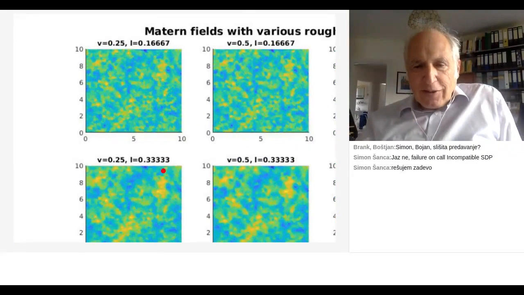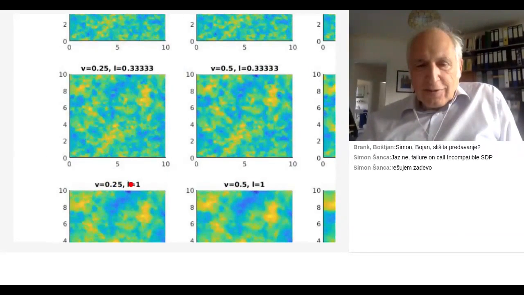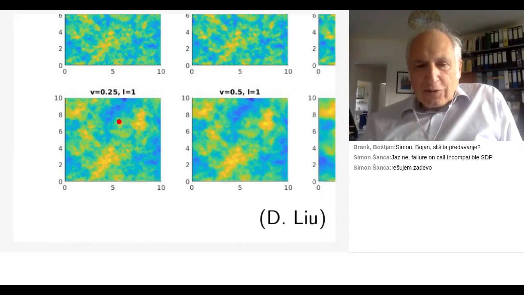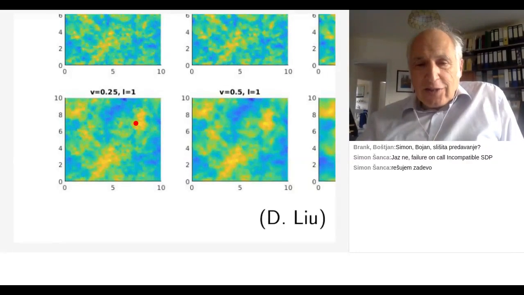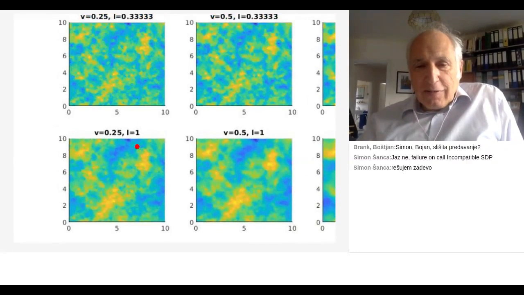Going down the column, this correlation length is increased. You see what that looks like. The correlation length tells you, if something is yellow here, how probable it is that it's yellow at a neighboring point. And if this length is larger, then the probability that it's also yellow holds on a larger extent. That's why the yellow patches are bigger here than here.